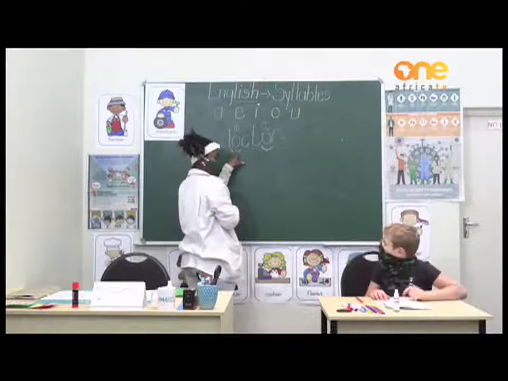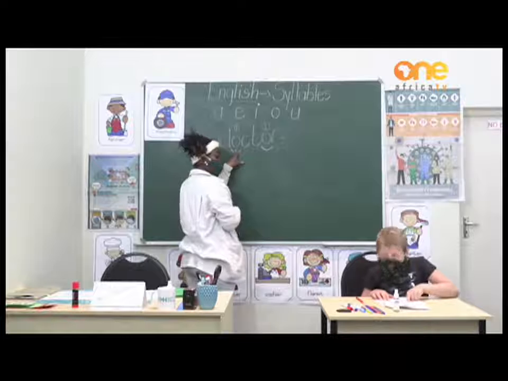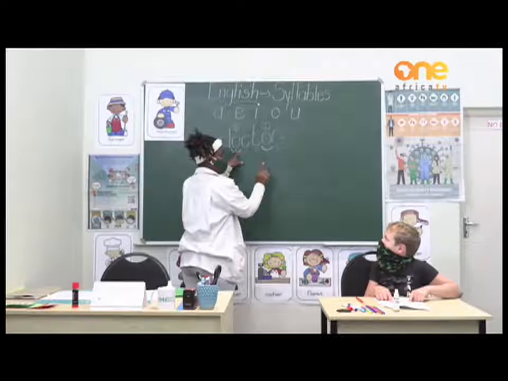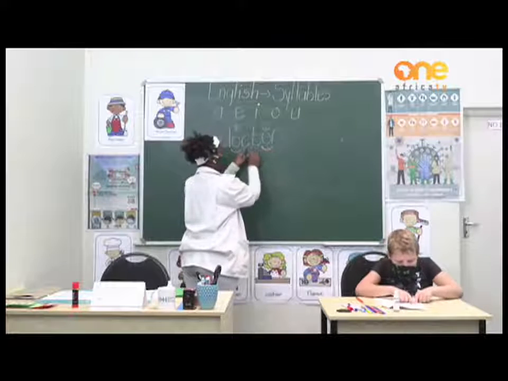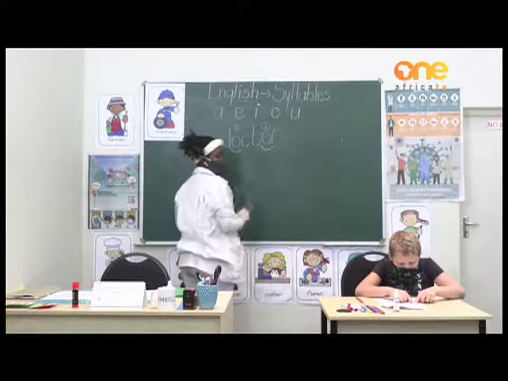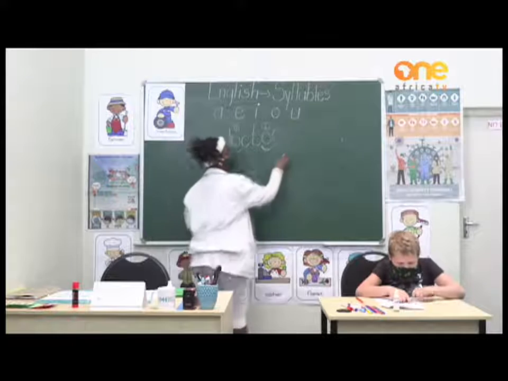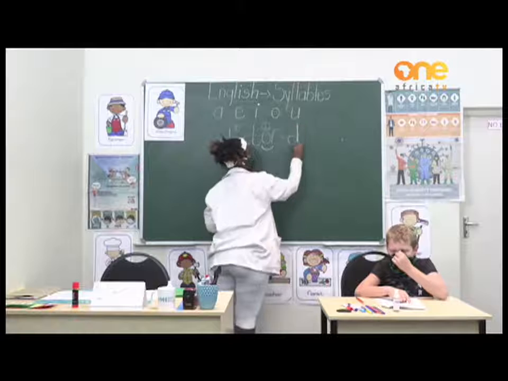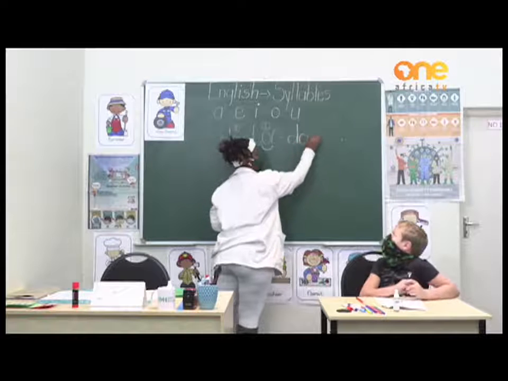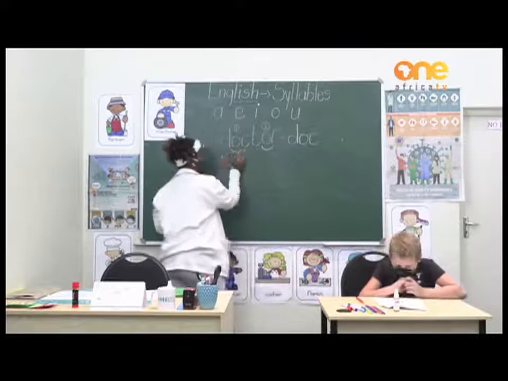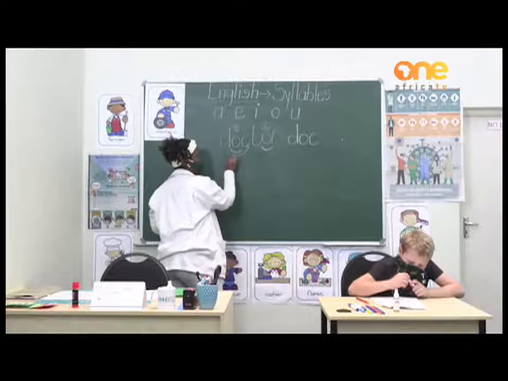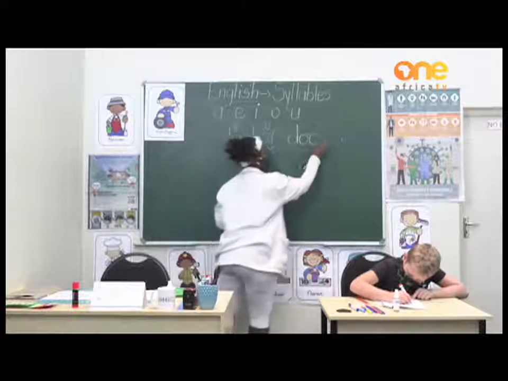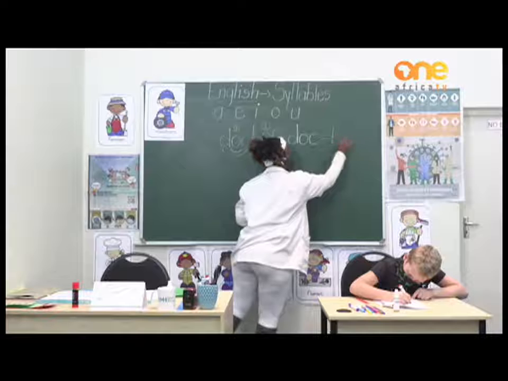Put one index finger on the first vowel, then another index finger on the next vowel, move inwards, and divide the word where you find the 2 consonants. And now you can rewrite the word here. Doc. This consonant sound goes along with this vowel sound here. And then turn.